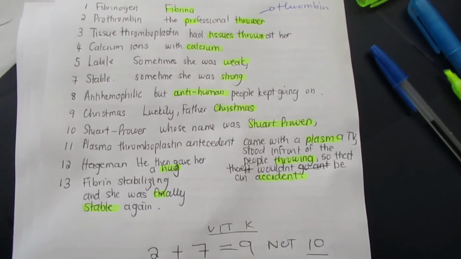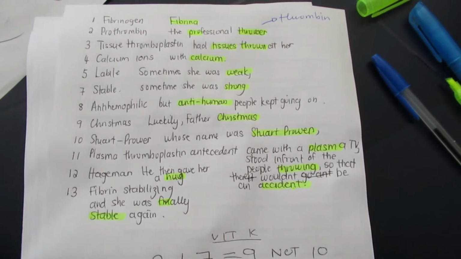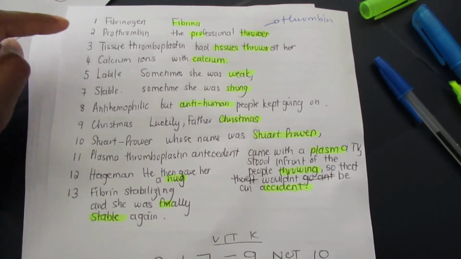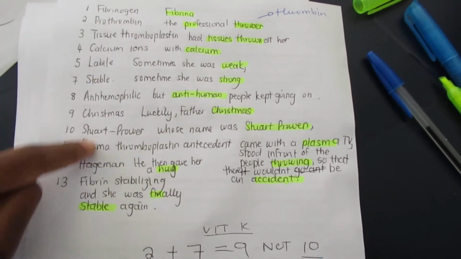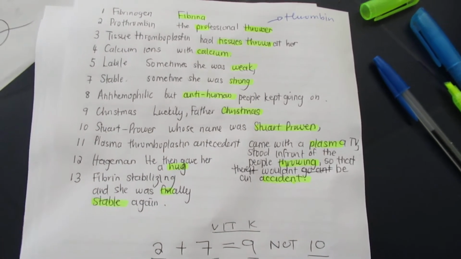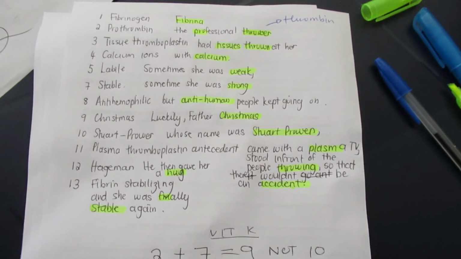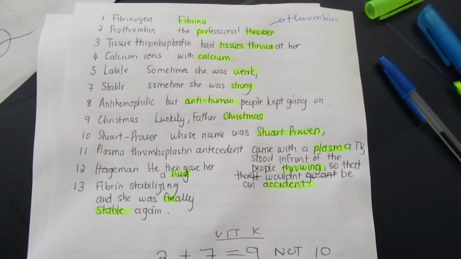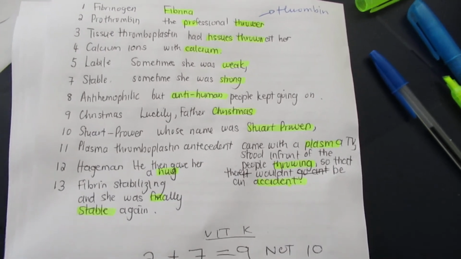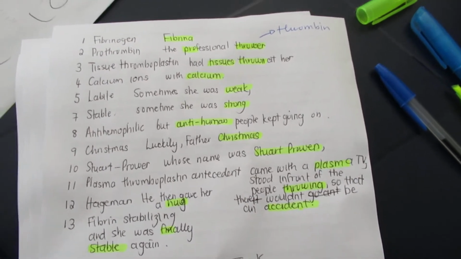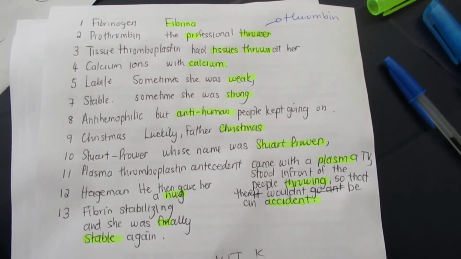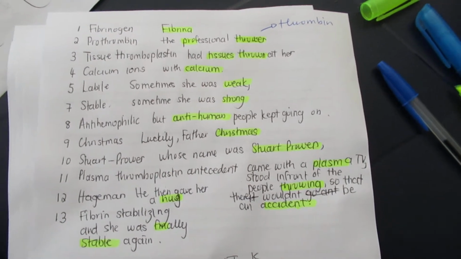Oh, one last thing before I close off, just remember that all these factors are usually in the blood in their inactive form. So whenever they get active, they are called a different name or actually a different number.